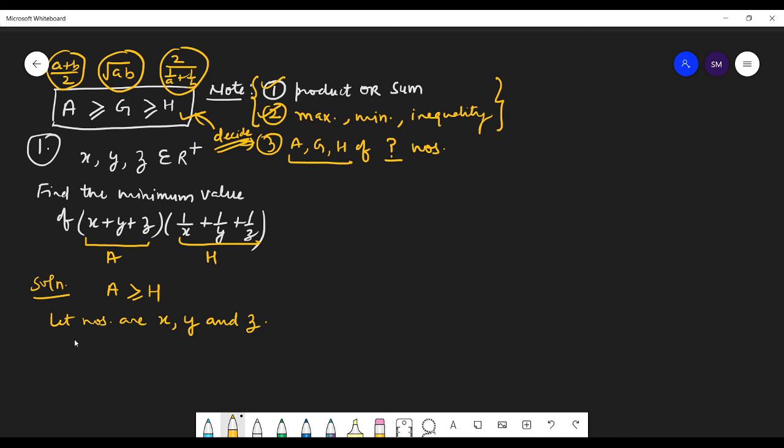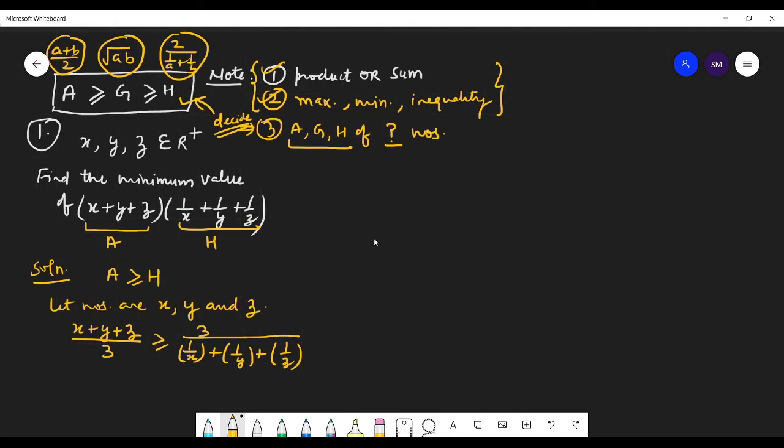Simple average: x plus y plus z by 3. Okay, very good. x plus y plus z by 3 is greater than or equal to, what is the harmonic mean, students? 3 upon 1 by x plus 1 by y plus 1 by z. Right?